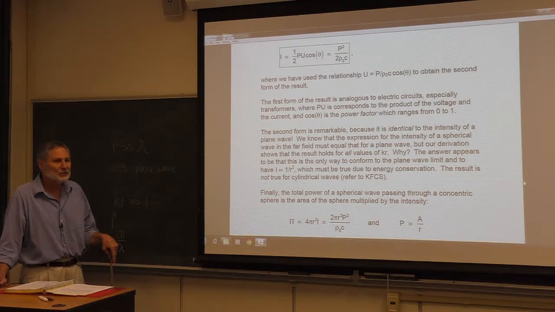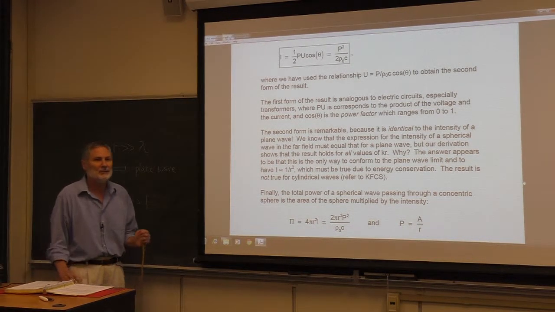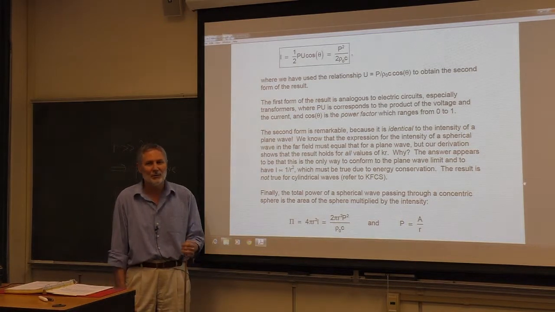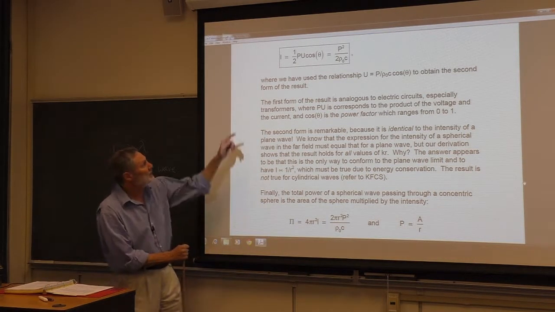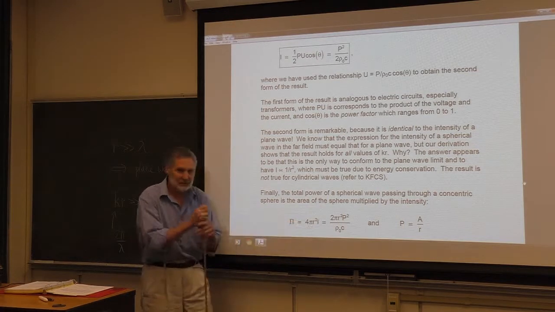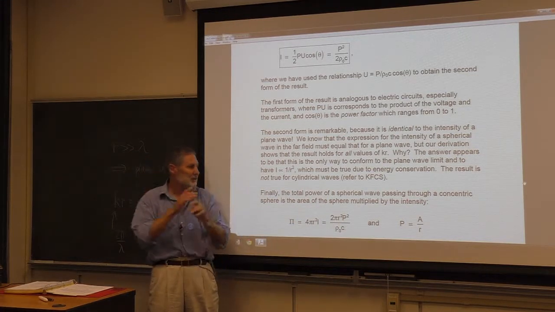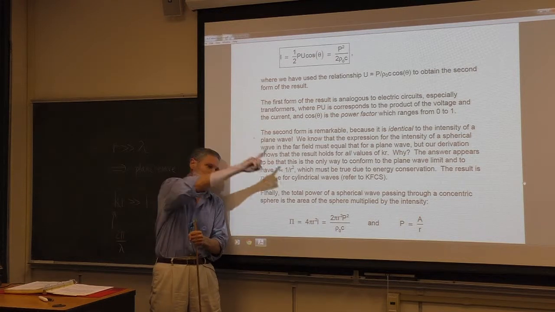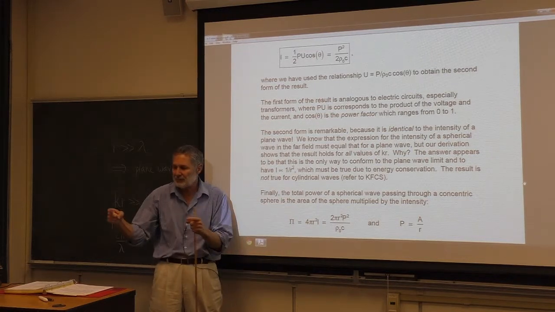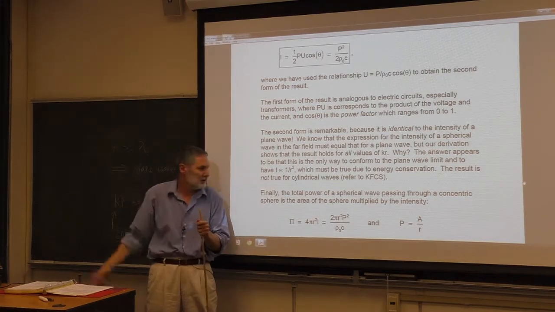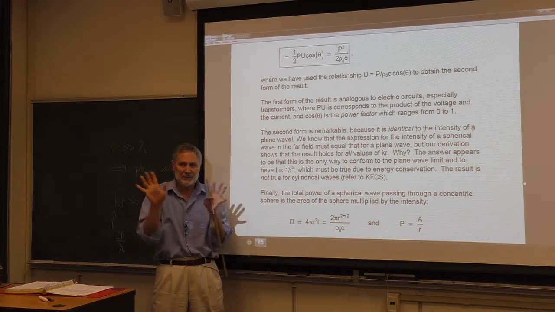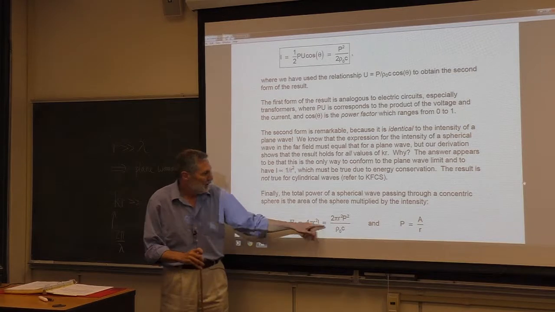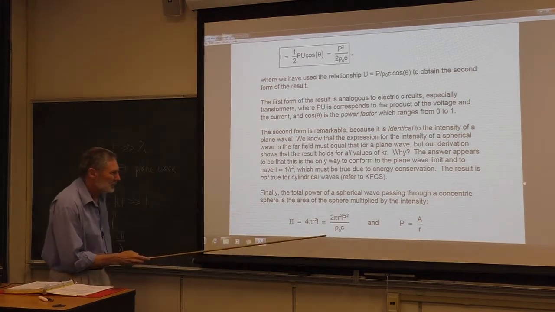What is the total power, the acoustic power, coming from our source? This is almost always an important quantity in acoustics, as you can imagine. What is it? Well, now that I know the intensity, it's isotropic. I just take the intensity, which is the same at all points at a common distance from the center, and multiply it by the area of the sphere the radiation is going through. I get this formula.